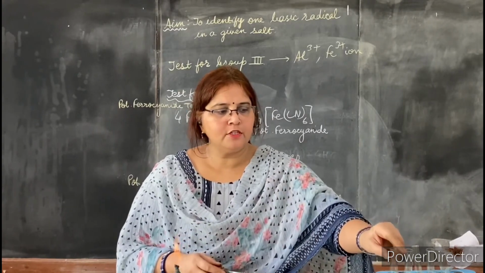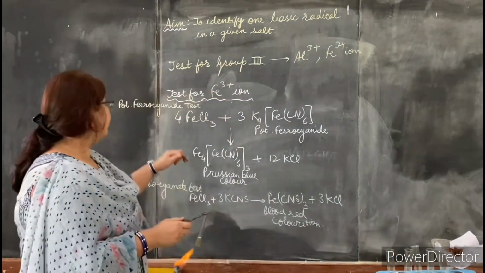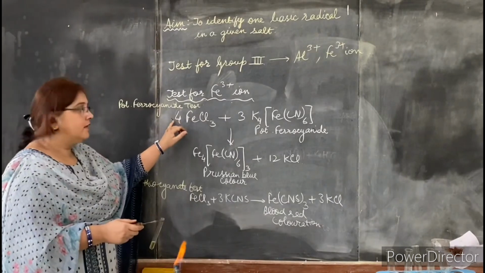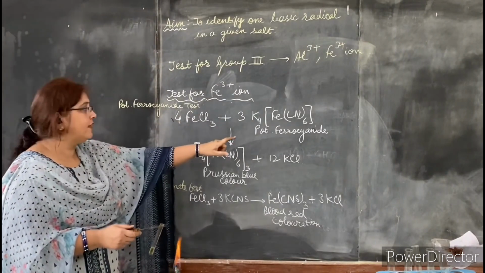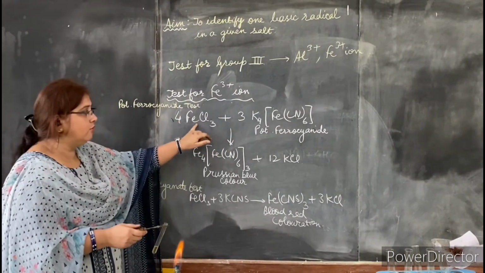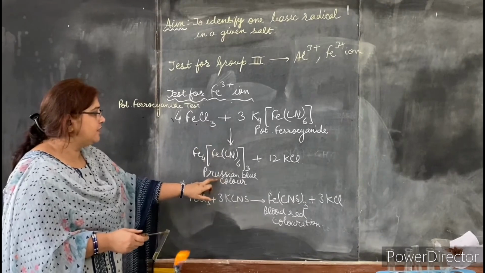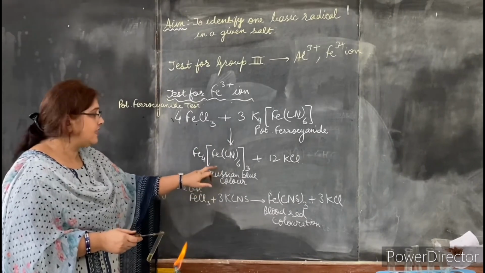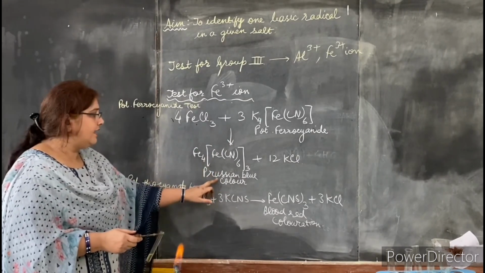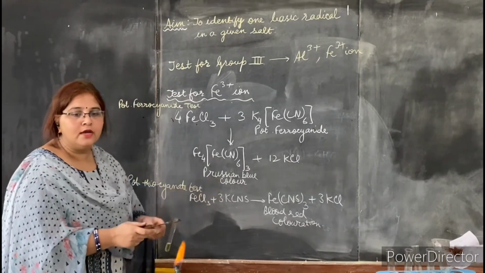Now, to the first part, add potassium ferrocyanide. As soon as the potassium ferrocyanide reacts with the ferric chloride, it forms a Persian blue coloration. A complex is formed with the iron and it will give a Persian blue color.